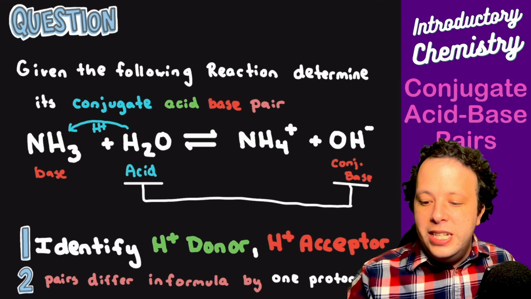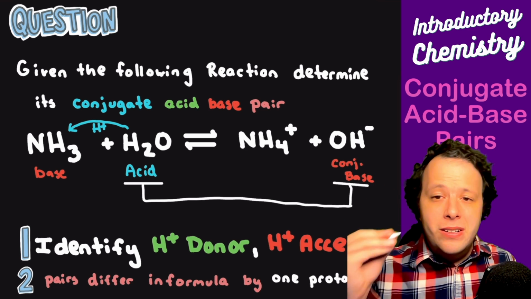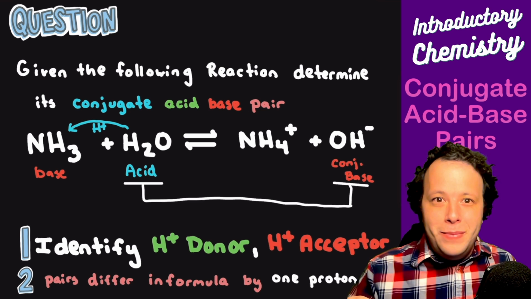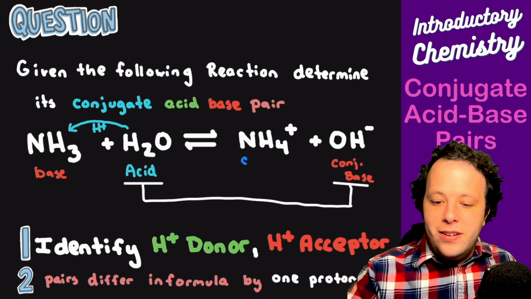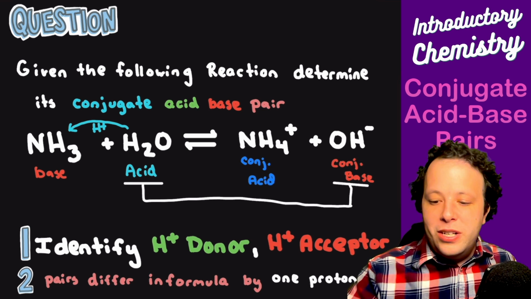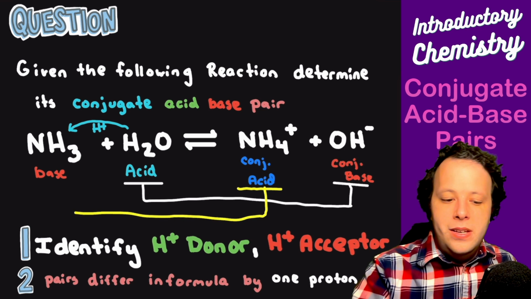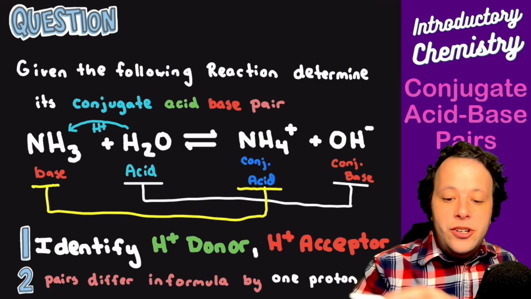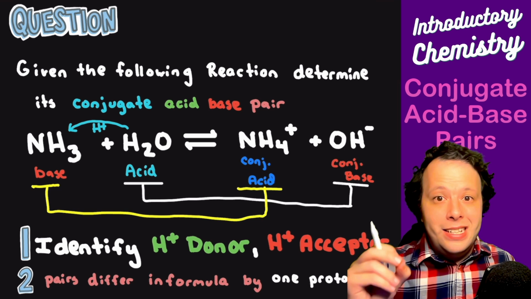If you ever see CONJ as an abbreviation, that's referring to conjugate. So if this is the conjugate base, then the other molecule must be the conjugate acid, which therefore will be paired with ammonia. So these are the two. Now to check our work, we can look at the reversible side of the reaction and see, does it agree?